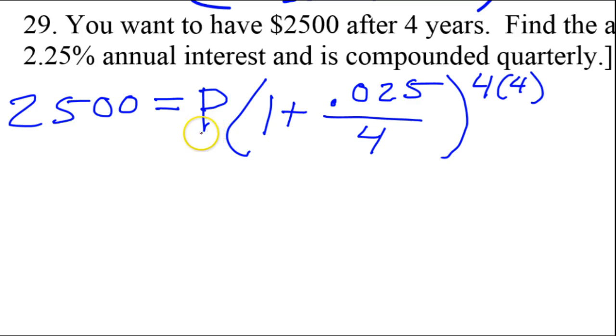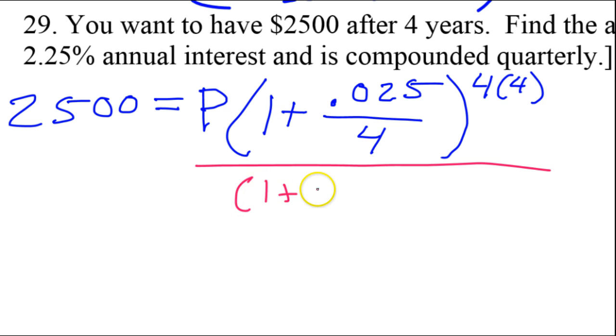So, if we want to get P by itself, basically, we need to divide both sides by this stuff. So I'm going to divide by 1 plus 0.025 over 4, and this is 16.